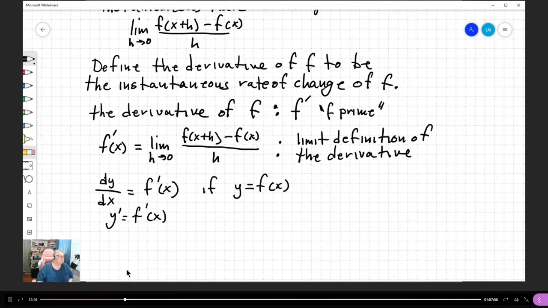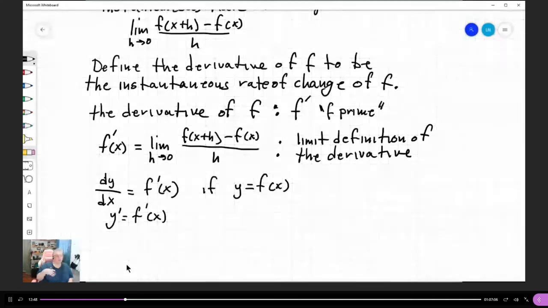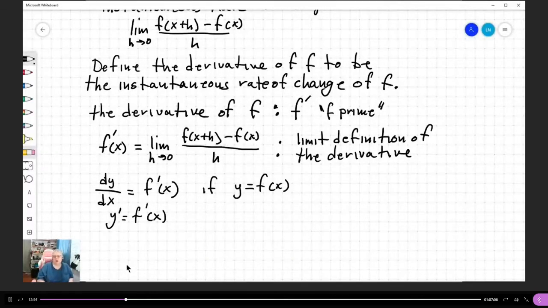Same deal. There is a fourth notation that we don't really use in Calc 1, but if you go on and take differential equations, you'll see it.